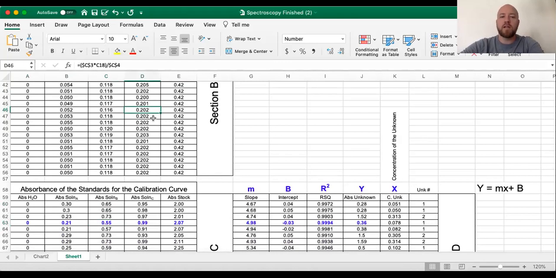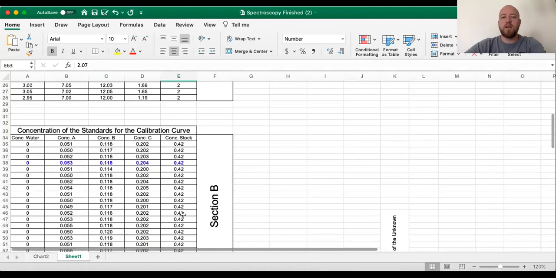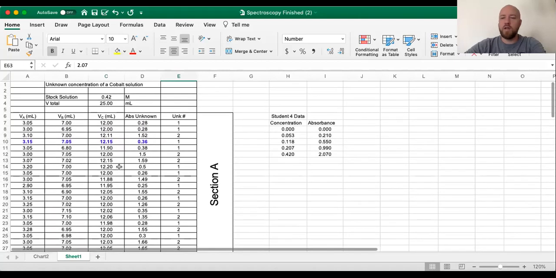Solution C has a concentration of 0.2, so double this, and then it has, likewise, an increased absorption of the light coming in. And then the stock solution, again, is double, and so we get, likewise, an increasing amount of absorbance.